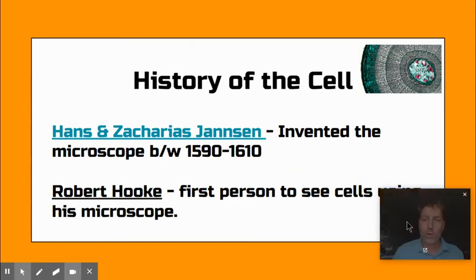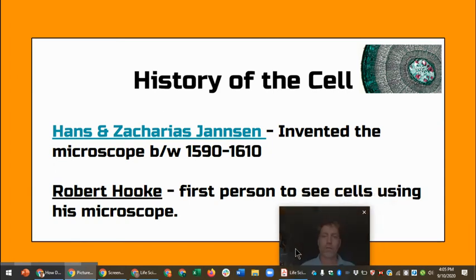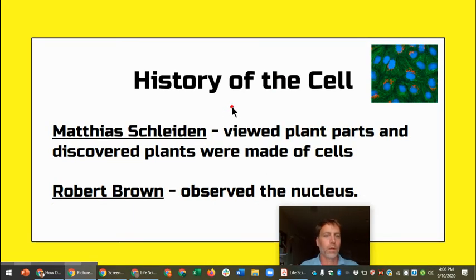And then Robert Hooke was a scientist who first discovered seeing cells under a microscope. He was looking at cork cells, and this is what a cork cell looks like up here. He was the first person to actually see plant cells under the microscope. And there are several others in the book here that talk about different discoveries and different scientists. I'm not going to go into those in too much detail, just highlight a few.